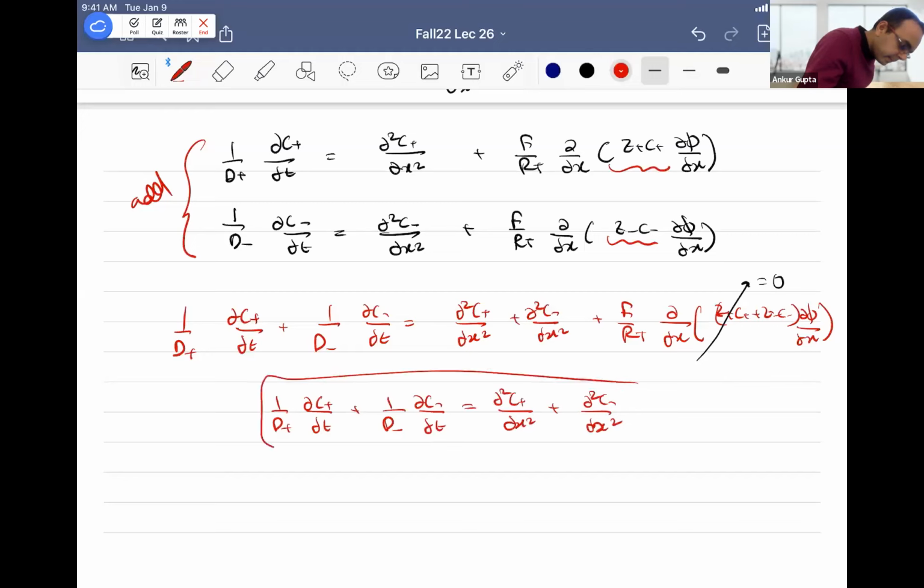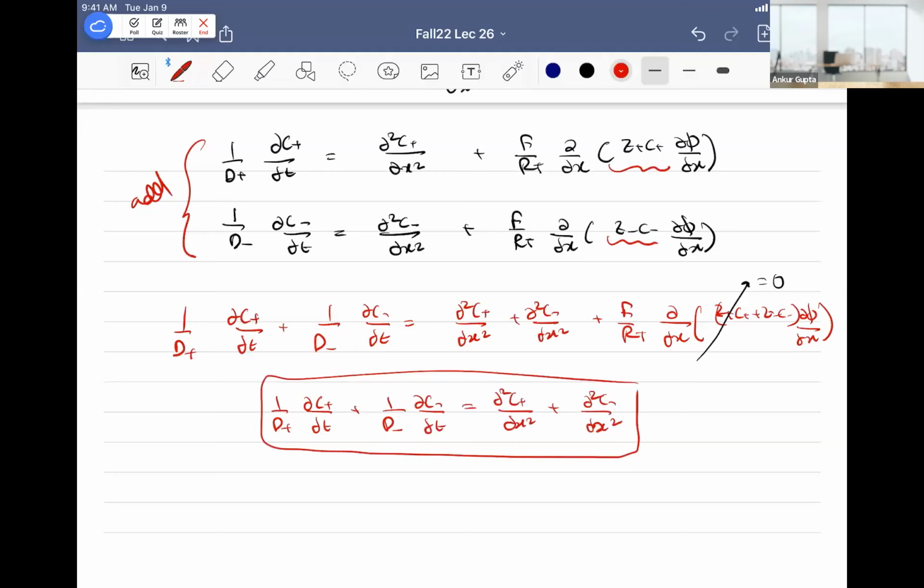All right, so I've just added them and I get this equation. So I've eliminated φ. First thing is I've eliminated φ. That's good. Okay.